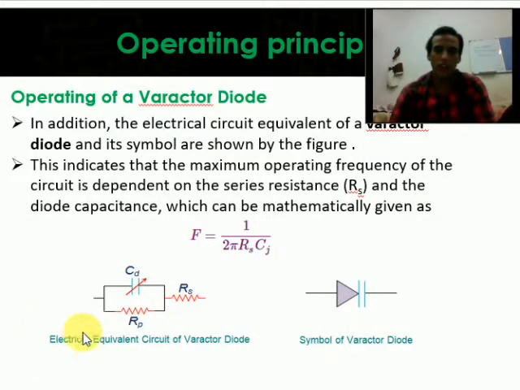The electrical circuit equivalent of a Varactor diode and its symbol are shown in the figure. This indicates that the maximum operating frequency of the circuit is dependent on the series resistance Rs and the diode capacitance, which can be mathematically given by this formula.